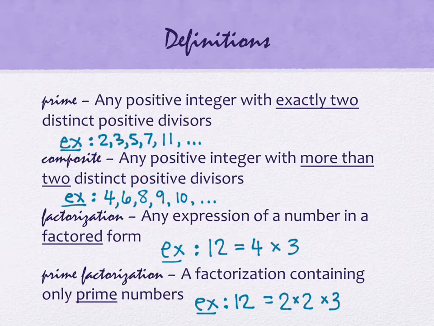And all of the factors on the right-hand side, 2, 2, and 3, are all prime. Prime factorization, we'll see in a moment, is unique. That's actually the reason that people tend toward it as opposed to factorization. Factorization may have more than one form for a particular number, but prime factorization has one and only one form, except for the potential ordering of the numbers. We'll have that theorem later.